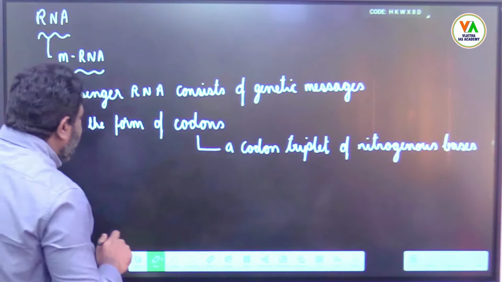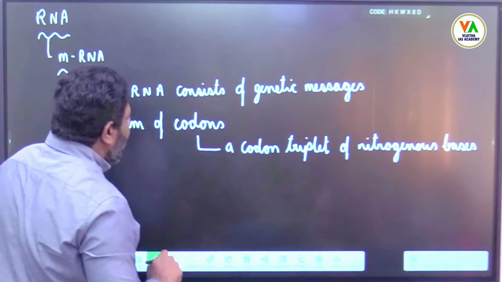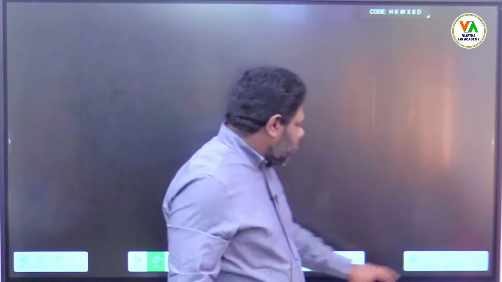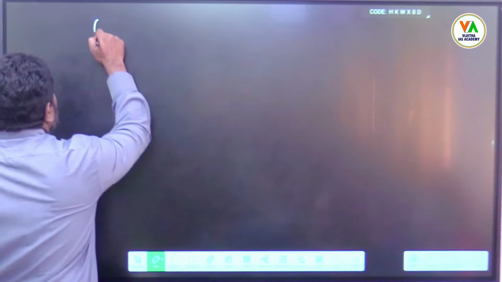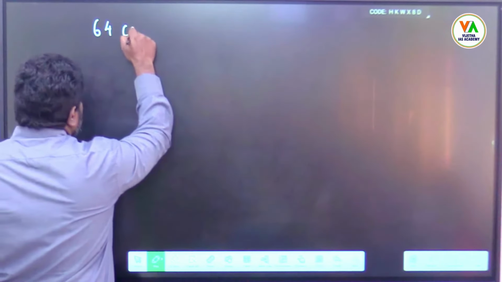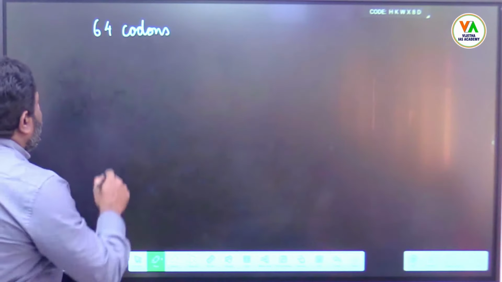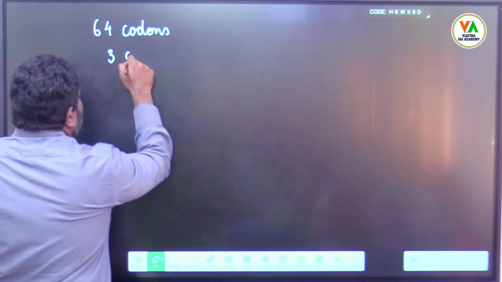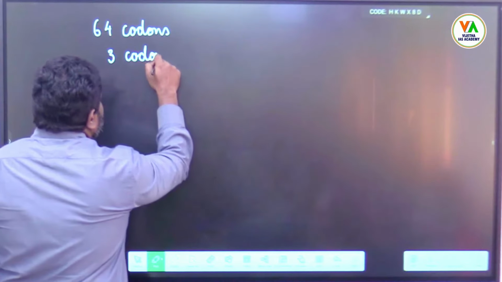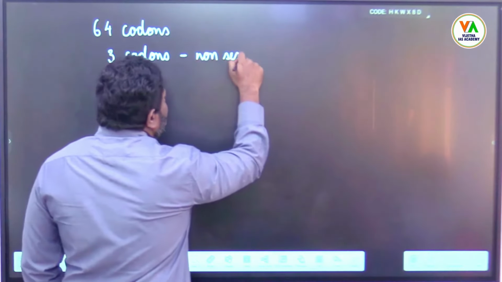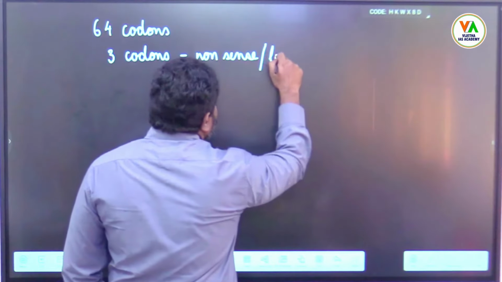So 64 codons are there, and of these 64 codons, three codons are known as nonsense codons, or otherwise known as terminating codons.